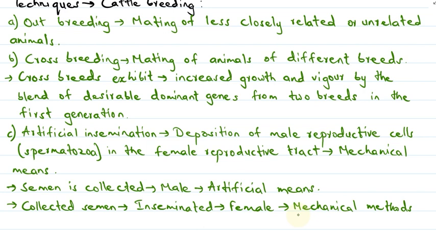So this method helps to eliminate the need for maintenance of herd size, permits long distance transport of semen by air, avoids spreading of genital diseases, and increases the rate of conception.